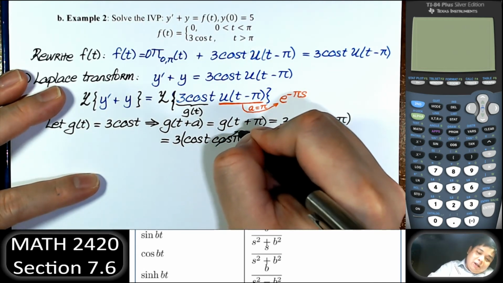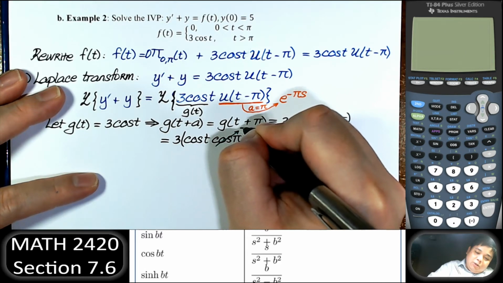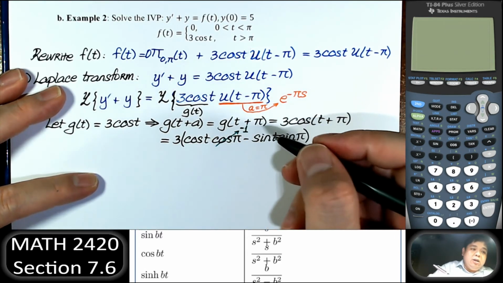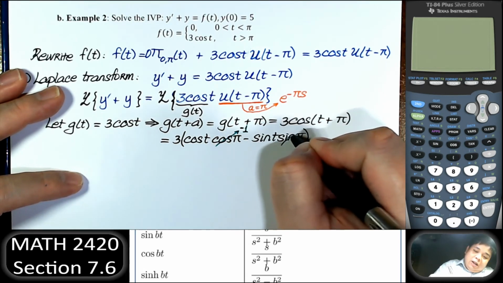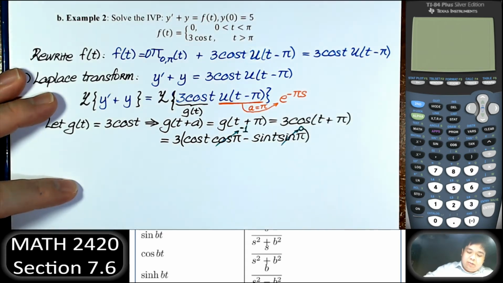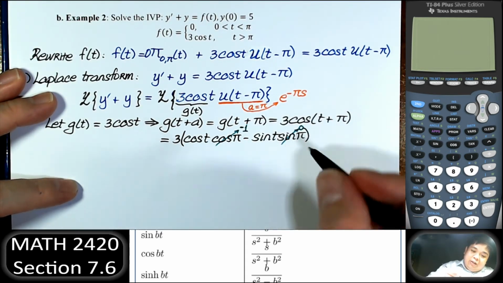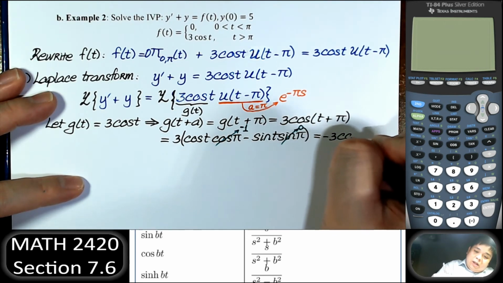Cosine pi is equal to negative 1, and sine pi is equal to 0. So that just gives us negative 3 cosine t.